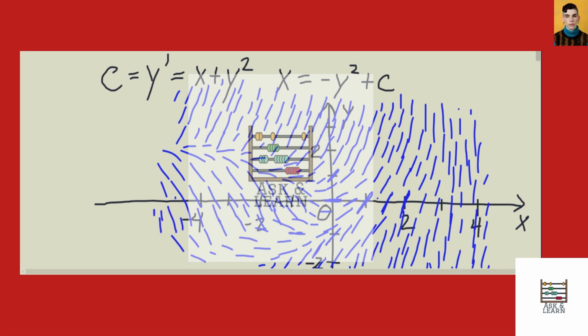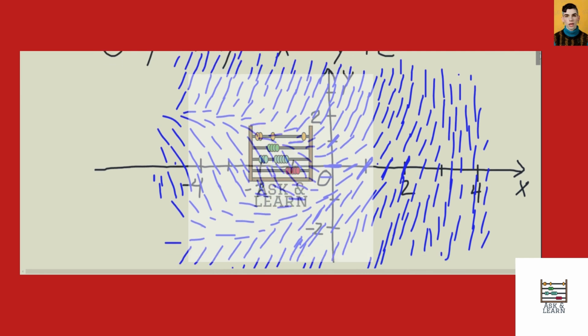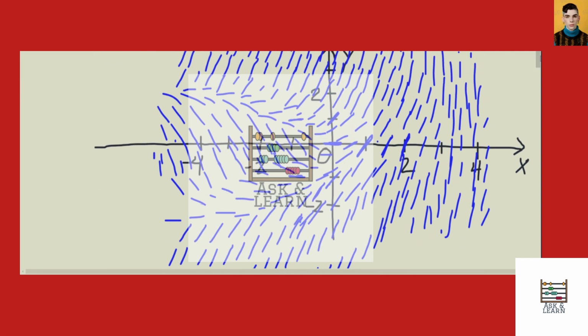As we go further towards negative infinity on the x-axis, the slopes get steeper and steeper, to the point where they're nearly vertical.